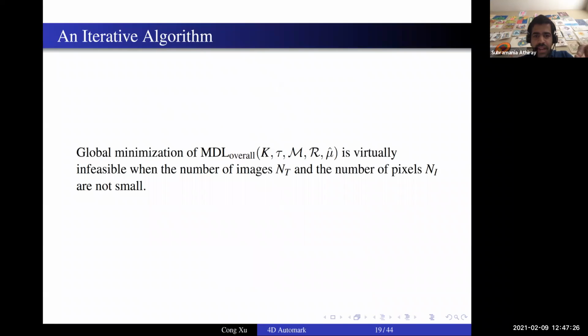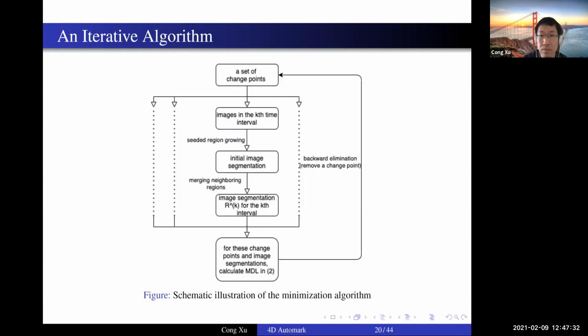My question is, every time you go through this minimization loop iteratively, for each time interval you identify the change points. Not the change points: given the change points, the images in this interval are actually homogeneous. So what we need to do is just the image segmentation.